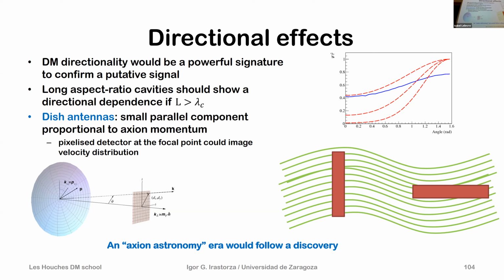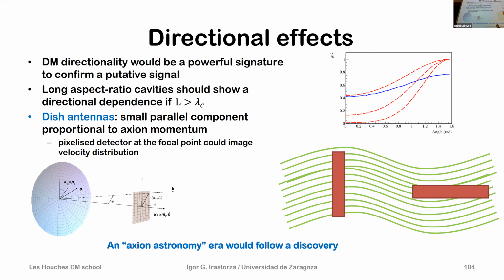So this is a very rough directional effect that can be obtained automatically in a haloscope if it is big enough. There are more ideas in the market, and this antenna provides a very elegant way to measure the velocity distribution. It turns out that, beyond the effect I just mentioned, there is a second order effect: the photons emitted by the dish are not exactly perpendicular.